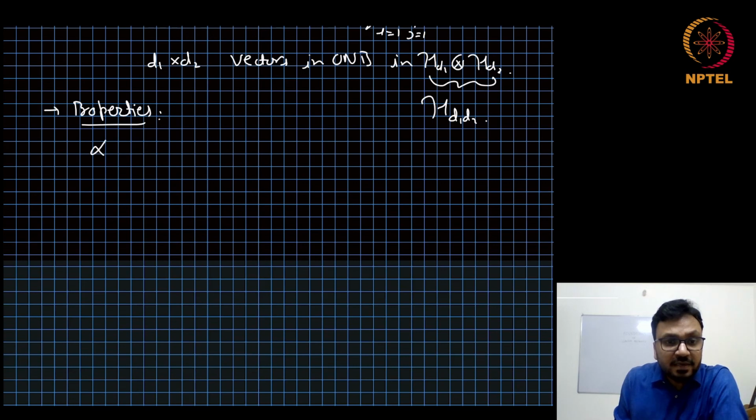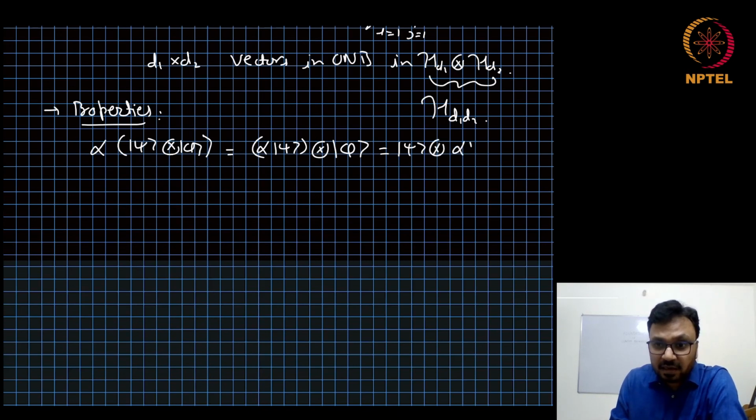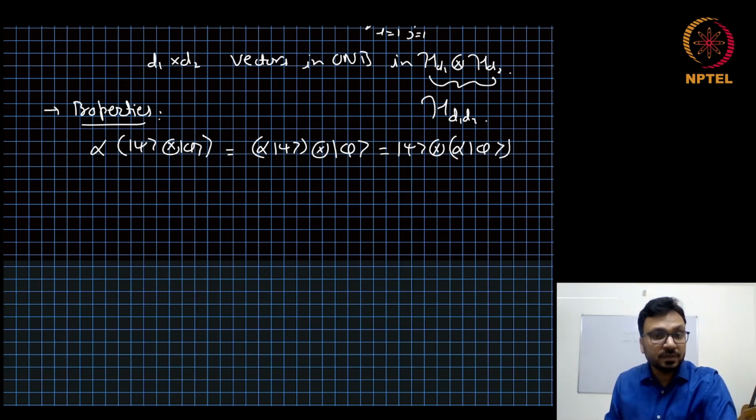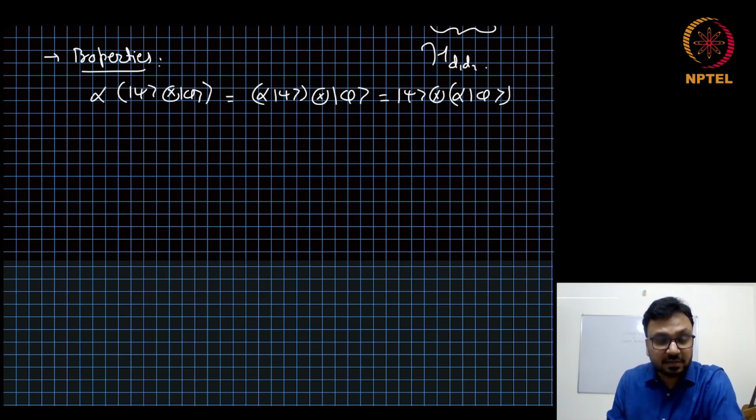Now let us discuss some properties of the tensor product. If we multiply the tensor product psi tensor phi with a scalar alpha, then it is the same as alpha psi tensor phi, and this is the same as psi tensor alpha phi. So it's linear in both the arguments psi and phi.